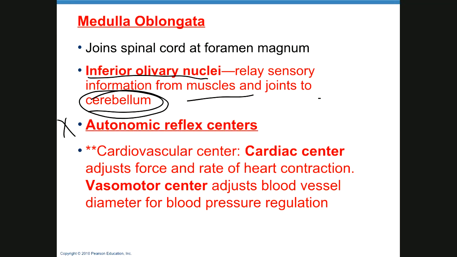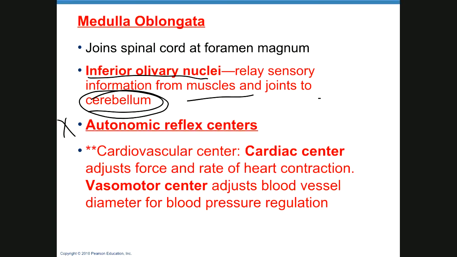So this is not like the hypothalamus that controls. This is more of a reflex response. So information comes into the medulla and a command goes out. Information that comes into the medulla is all within normal range, is all part of homeostasis.